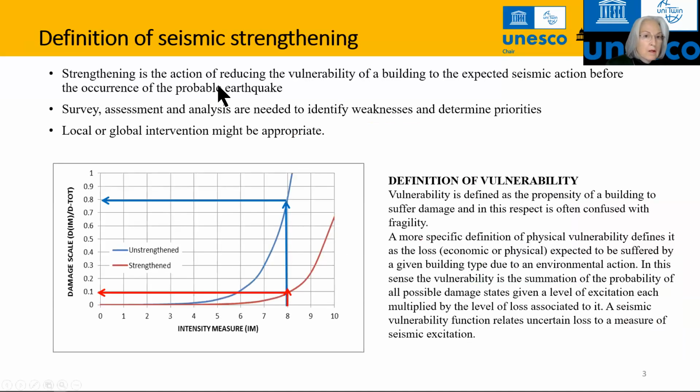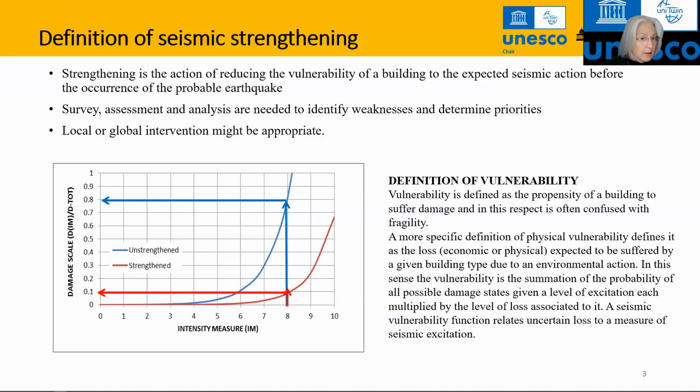So first of all, how do we understand seismic strengthening? Strengthening is the action of reducing the vulnerability of a building to the expected seismic action before the occurrence of a probable earthquake. So the aim of strengthening on existing structures is very much about improving its ability to withstand future earthquakes.